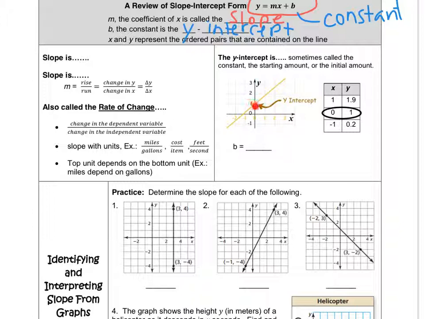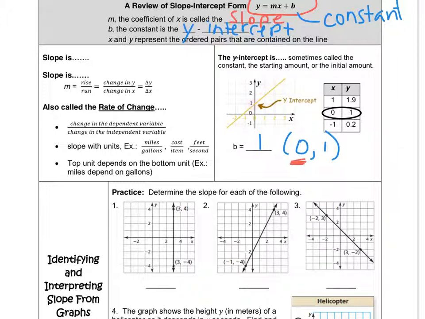Our line crosses the y-axis at the 1. So our b, or our y-intercept, is 1. We would write the ordered pair as 0, 1. Just as a reminder, it's an intercept, so there's always going to be a value of 0 for the intercept.